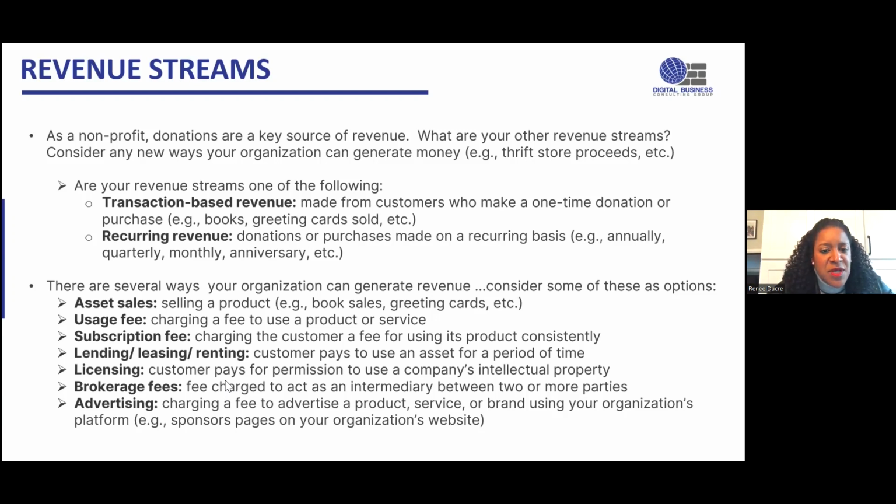And then these are just some typical ones that you can think of, but selling assets, books and greeting cards, those kinds of things. Usage fees. So, charging a fee to use a certain product or service, a subscription fee. We love subscription fees, right?